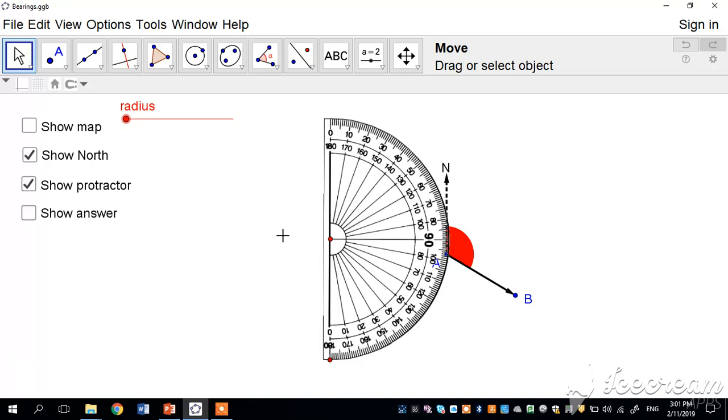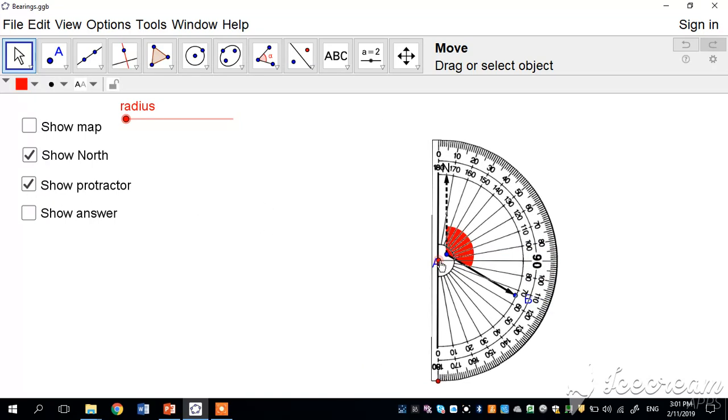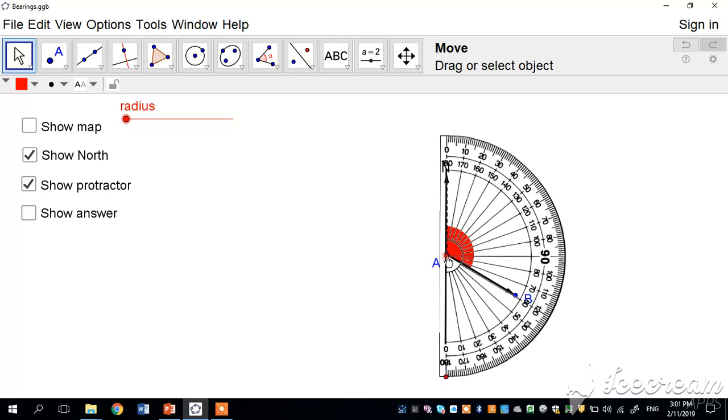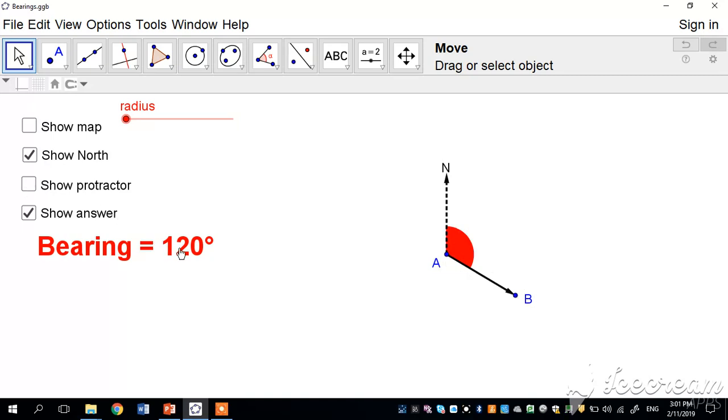If we bring up a protractor and measure this angle, it looks to be very close to 120 degrees. We have to measure to the right of north, which is what we've done, and we have to have 3 digits, which is what we've got. So from point A to point B would be a bearing of 120 degrees.